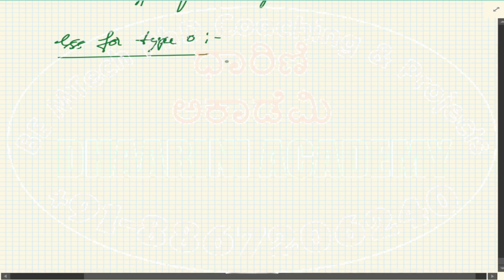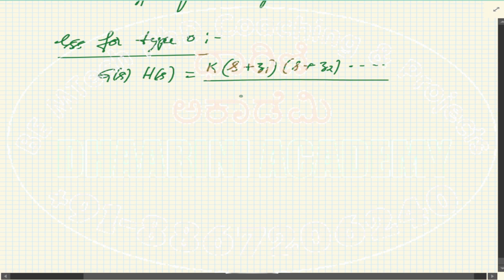So what is type now? When I say type 0, what should be the G of S into H of S? Let's write it in the pole-zero format. So this will be a constant K multiplied by (S plus Z1)(S plus Z2) and so on, divided by S to the 0 outside, because type 0 means n equal to 0, right?